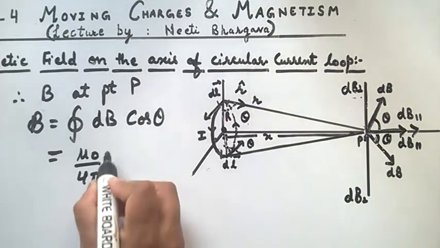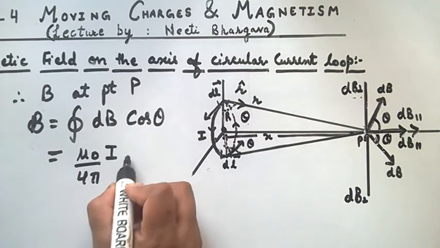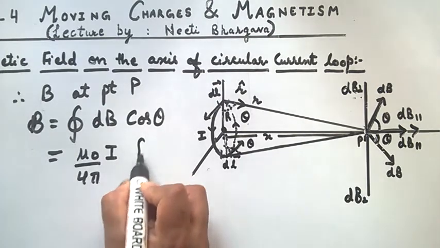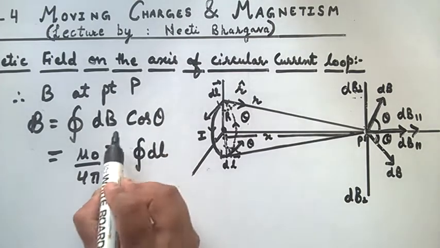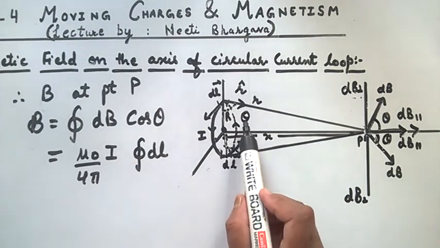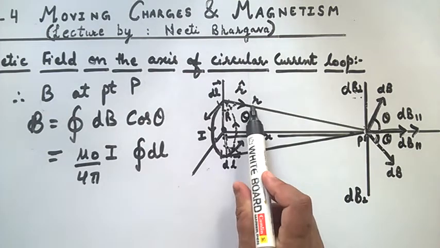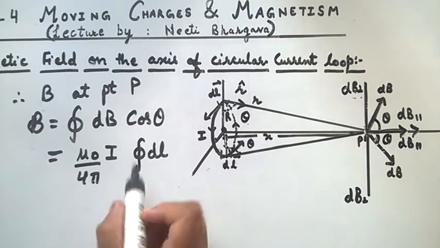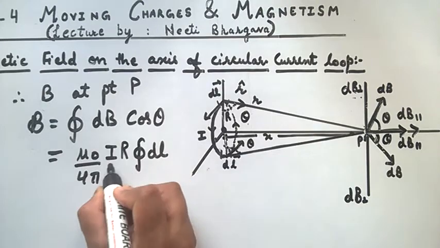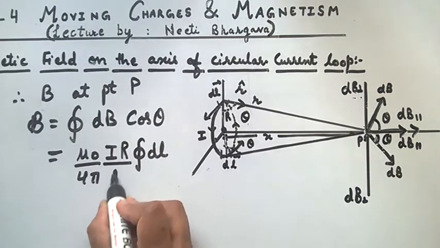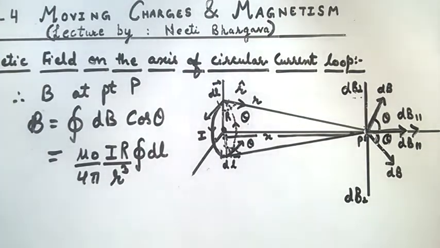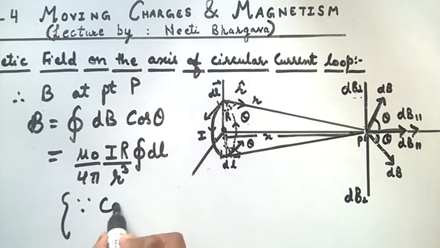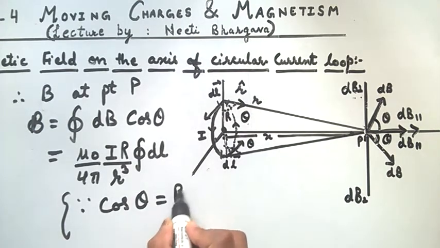It is constant. I is also constant. dl and cos theta. Here let's see, the value of cos theta is equal to base by hypotenuse, that is R by r. So we will write R by r into r square, that is equal to r cube, as cos theta is equal to R by r.